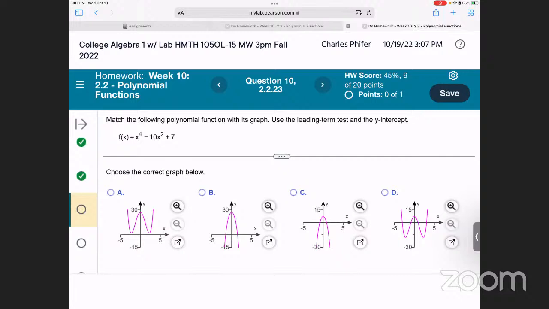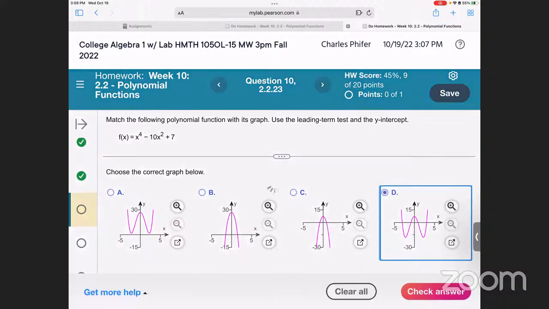And because the degree of the polynomial is even, the other side needs to do the exact same. So it can still be either A or D. We have a y-intercept of 7, right? So it can't be A, and so it should be D. We pretty much did a process of elimination.